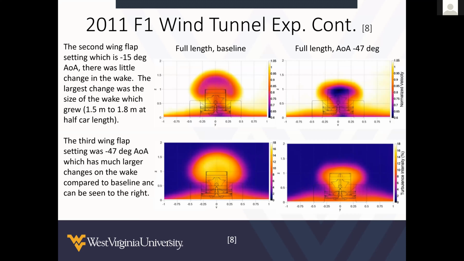They saw that the turbulent intensity decreased about 30% with the angle of attack at -47 degrees, but there's a velocity deficit of about 13%. So that was following what they were expecting to see.